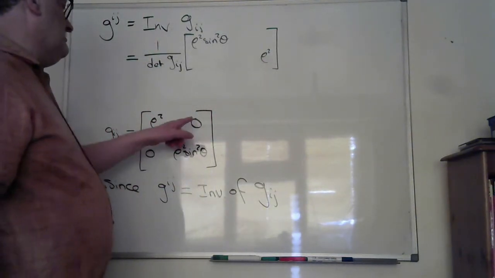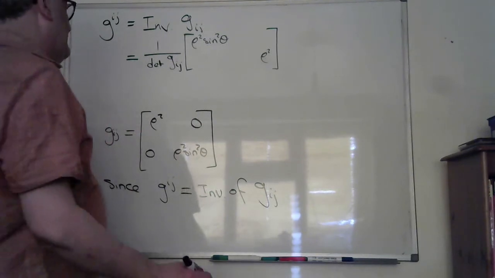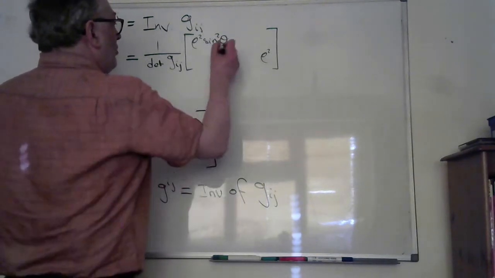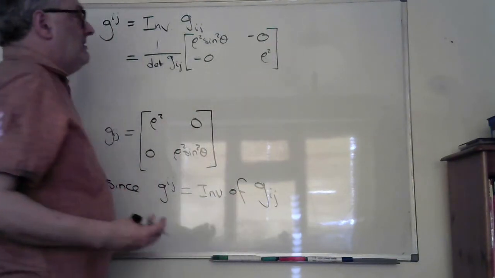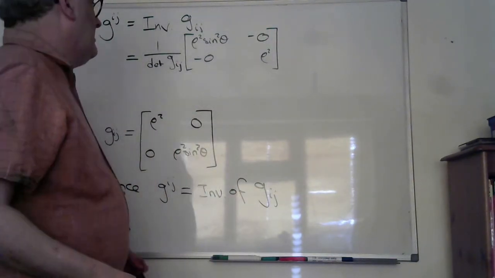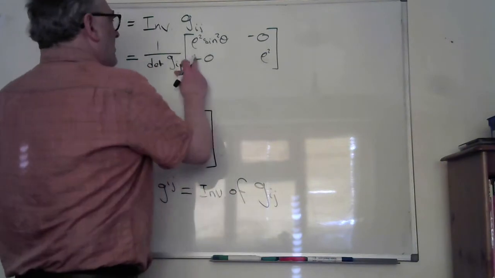Now, the zeros just stay as 0. In actual fact, you normally negate whatever is there, you multiply by -1, but because they're 0, they're just 0.